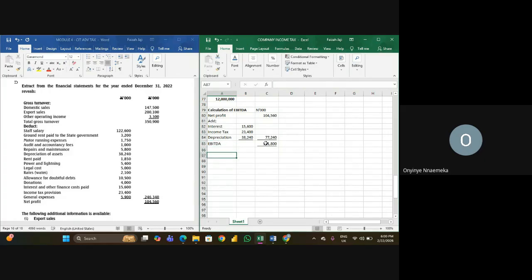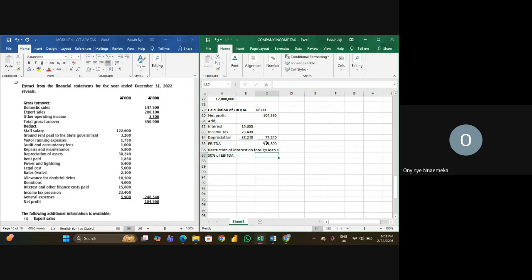So now the rule says: restriction of interest on foreign loan equals 30% of EBITDA.